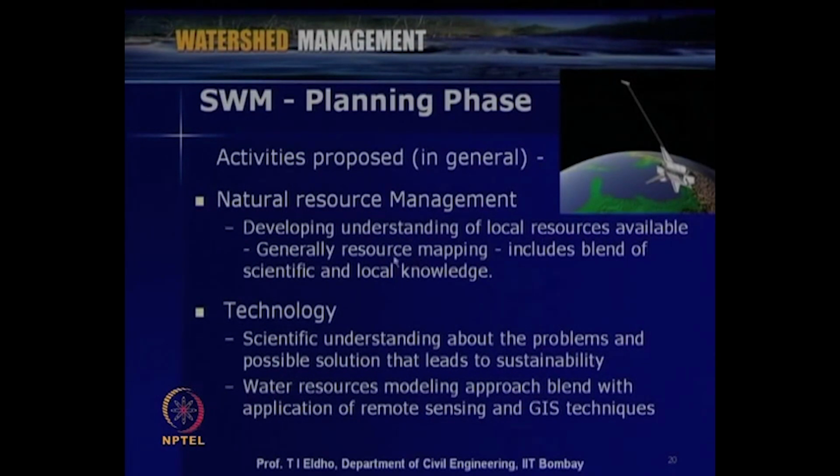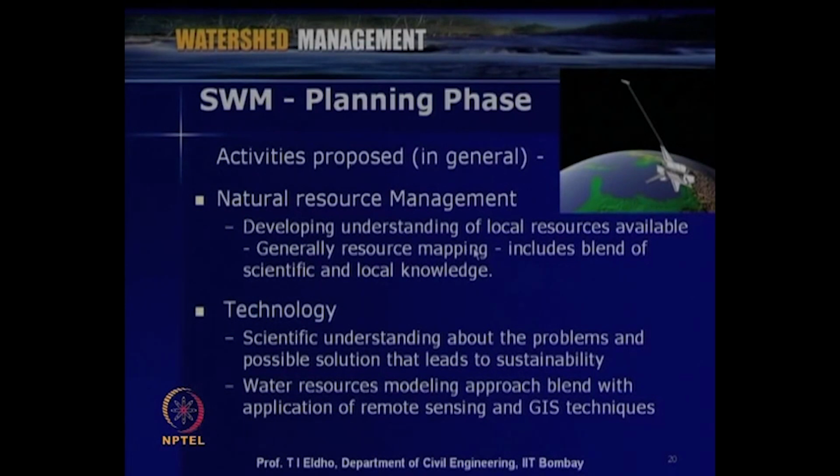Generally, we can do resource planning or resource mapping, which includes a blend of scientific and local knowledge. We can do a survey, and then we can even use sophisticated techniques for resource mapping, like the use of GIS. We can do this natural resource mapping.